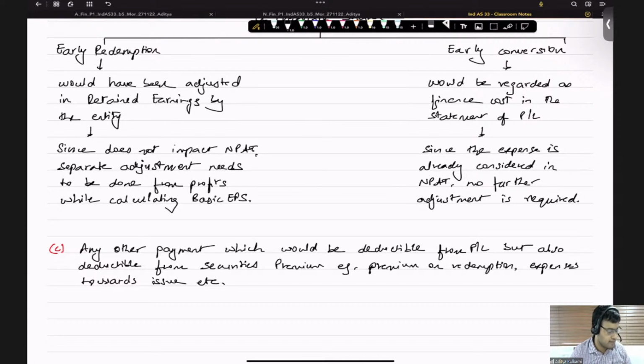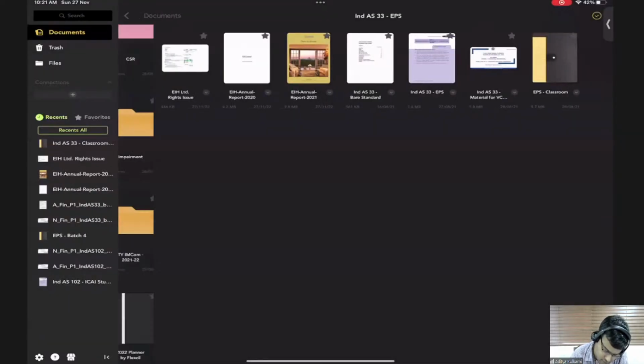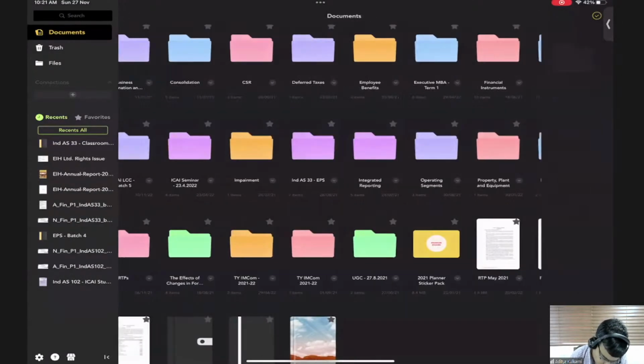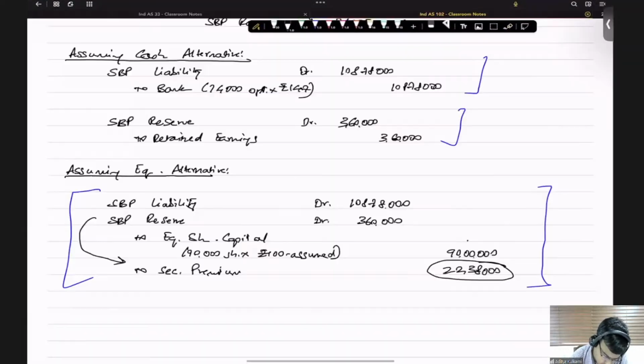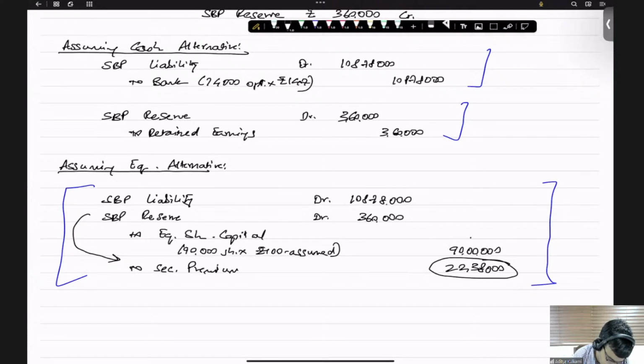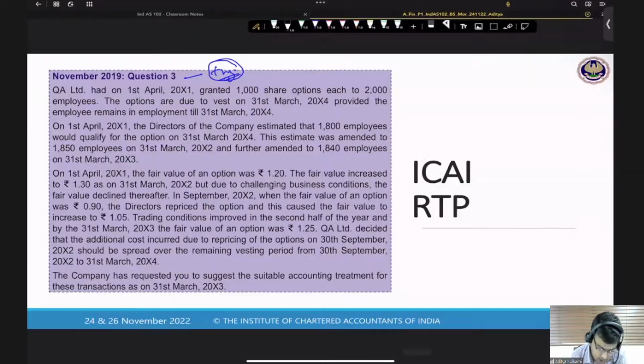So let us then proceed to yesterday's cash plans, I mean modification. Let me just open up the discussions. ICAI Ind AS 102 classroom notes. We were discussing assignments.